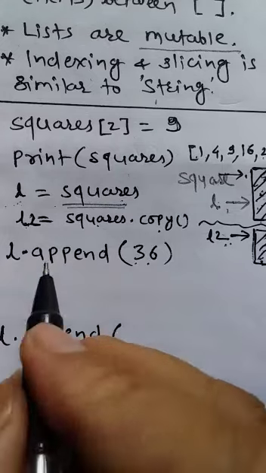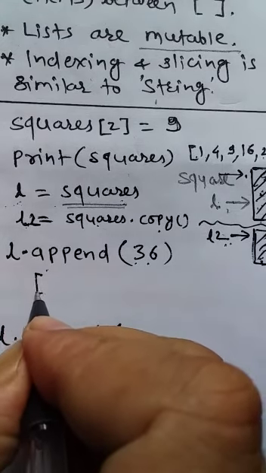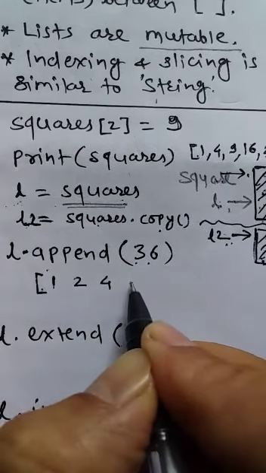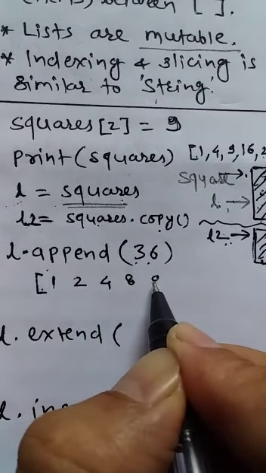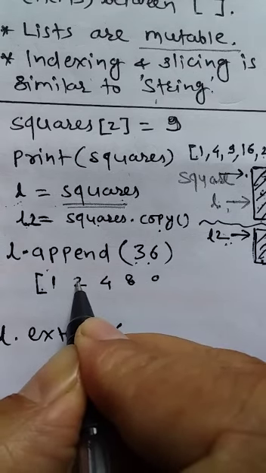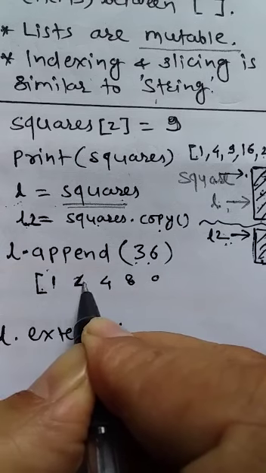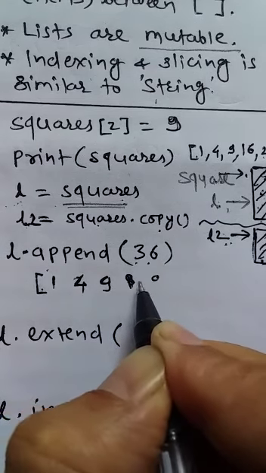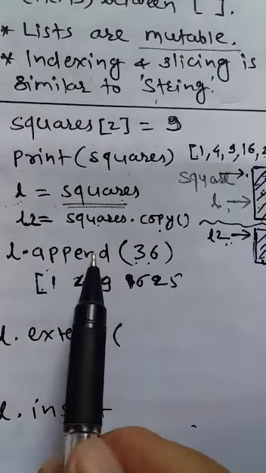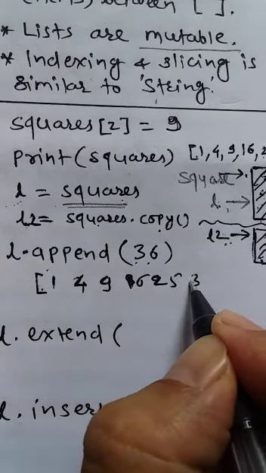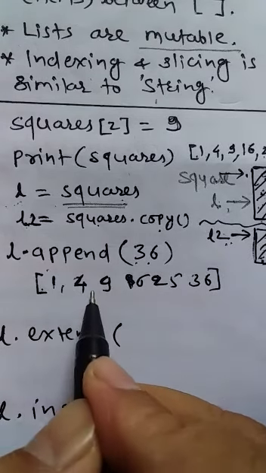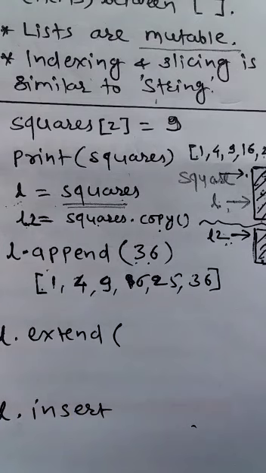This will add 36 to the original list L, which contains the 5 elements 1, 4, 9, 16, 25, since we have only squares. Due to this append, this value will be appended to this list. And now how many elements does our list contain? Our list contains a total of 6 elements.